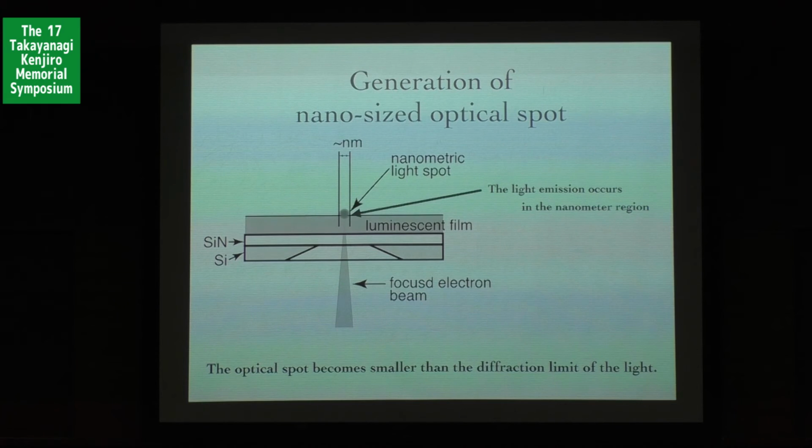To overcome this limit, we use an electron beam. This slide explains the generation of a nano-sized optical spot. This figure shows a schematic diagram of the method to excite a nano-sized optical spot.